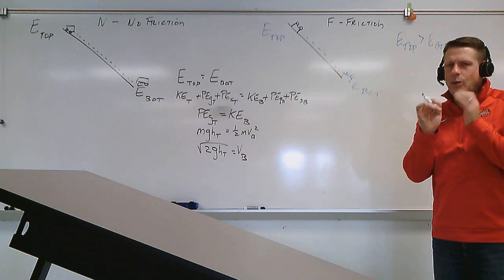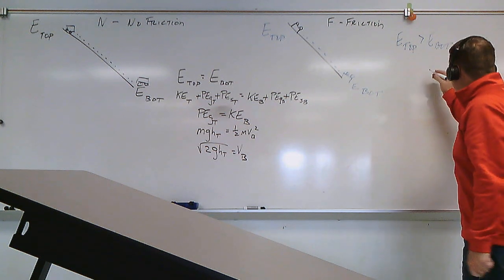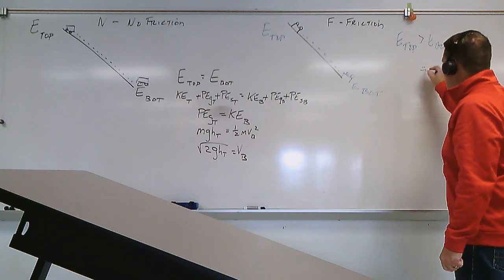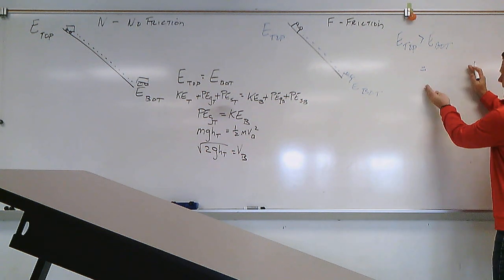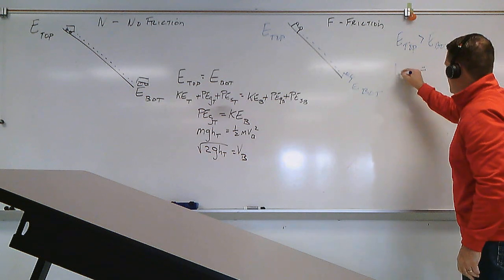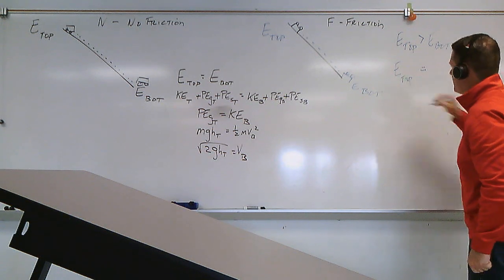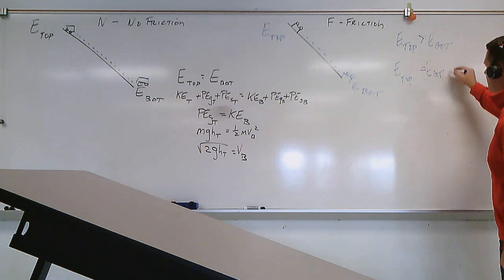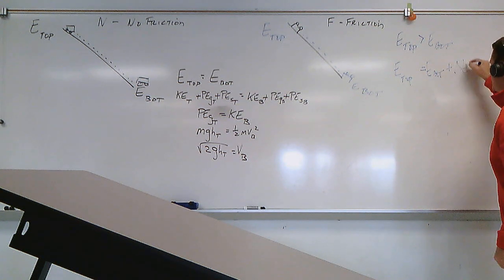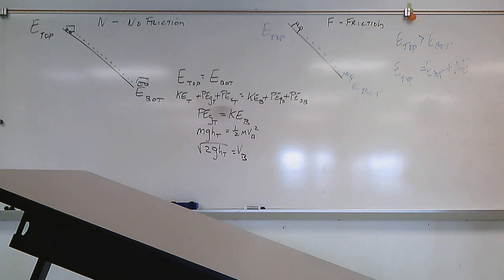Well, if we want to create an equal sign here, we've got to add something to this side. So if I want to say that the energy at the top equals something, it's got to equal the energy at the bottom plus some change in energy.